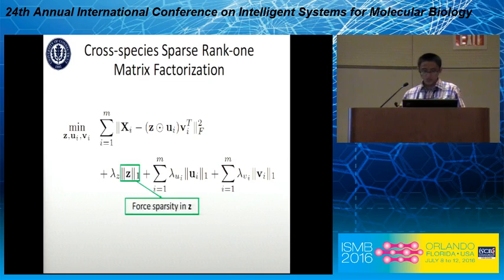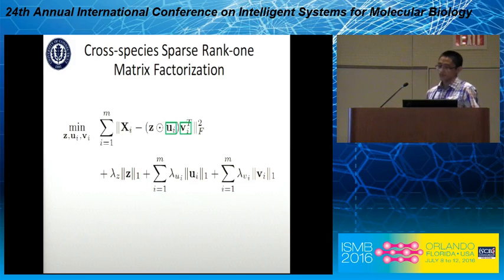Here we enforce the sparsity of Z to encourage all UIs to have non-zero entries at similar positions. Then we look at the non-zero entries in UI to form gene clusters.